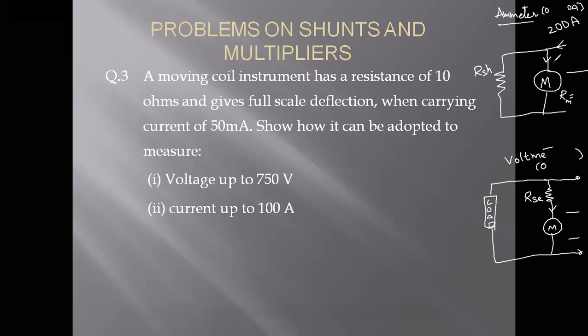This is our MC meter. What is given is the meter resistance, 10 ohms. So Rm is 10 ohms.